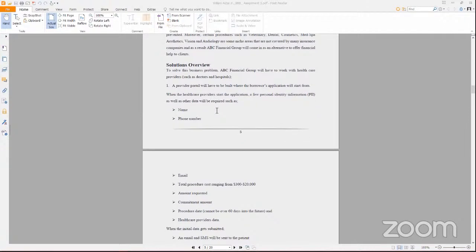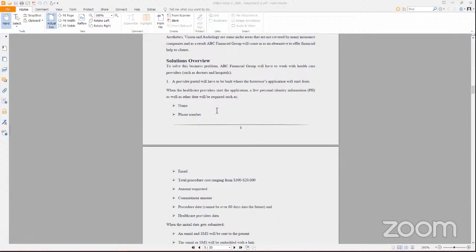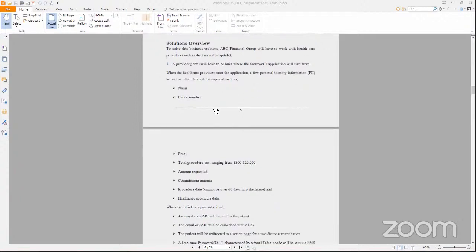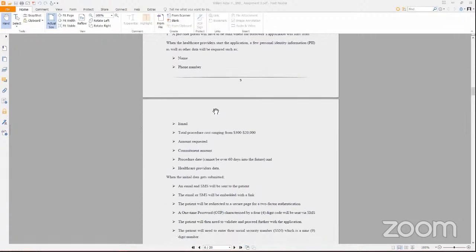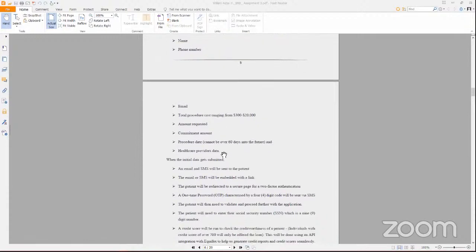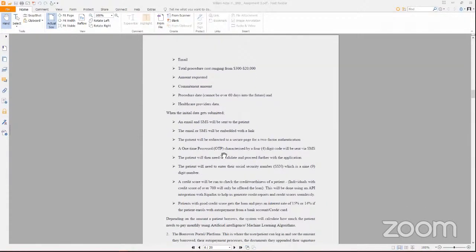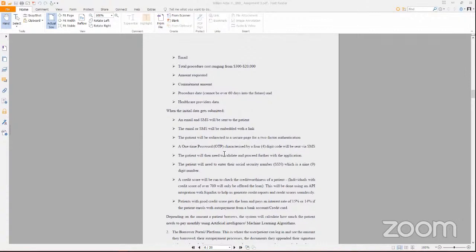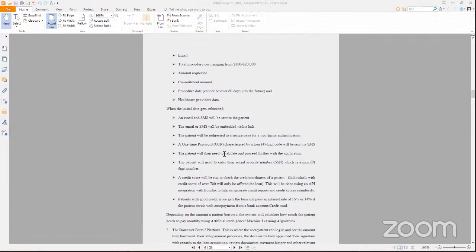The portal will capture the vital information of the patient: the name, phone number, email, the total procedure cost ranging from $300 to $20,000, the amount requested, the commitment amount, the date of the procedure, and the healthcare provider's information.